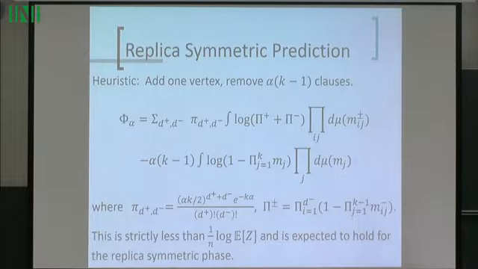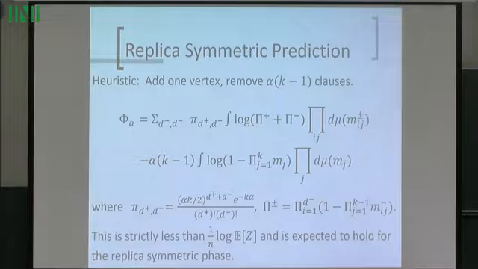Well, the heuristic could be, okay, you go from a graph with n variables to n plus 1. This would be how much the partition function, or the log partition function, changes when you add in a new variable. Then we need to subtract off something because we'll remove some number of clauses as well, just because the probability that any one clause is in the formula decreases as you increase n.